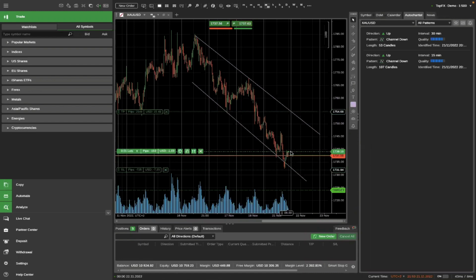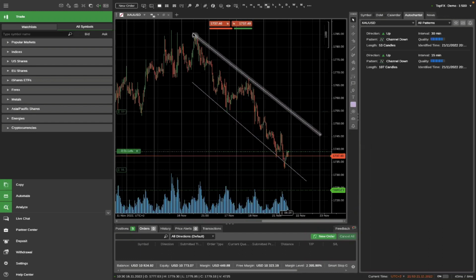Okay, so we entered it already. What is our target? The first take profit is located at 1,755, somewhere around this upper line here. This is the target for this trade, and of course the stop loss is placed just below this swing here, this move to the downside.